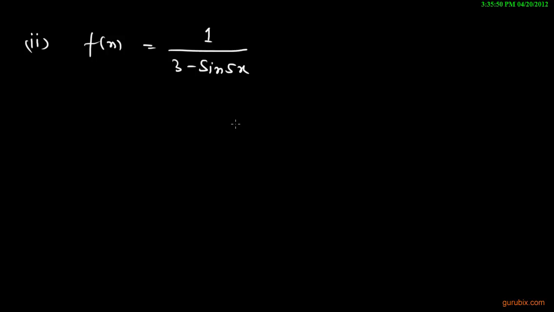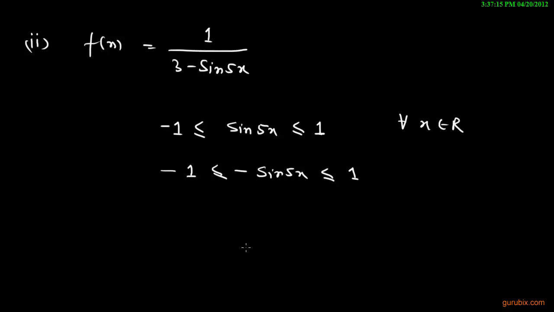We know that the value of a sine function is between -1 to +1 for all x belonging to real numbers. And if we multiply all this by the sign, then it will be -1 ≤ sin 5x ≤ +1.